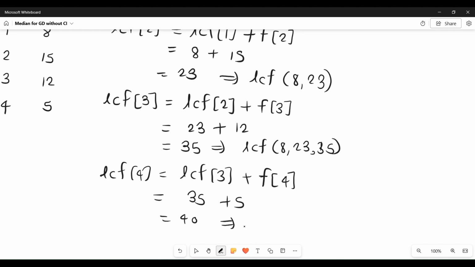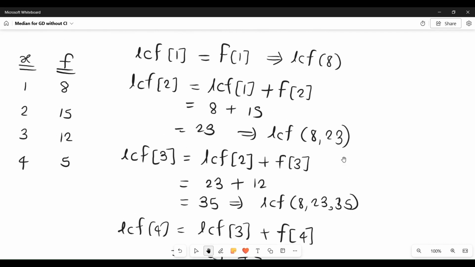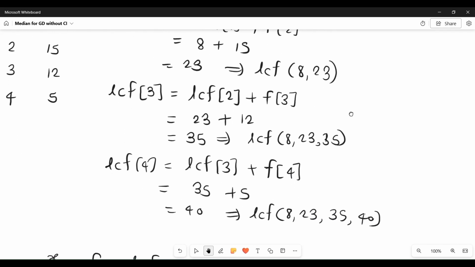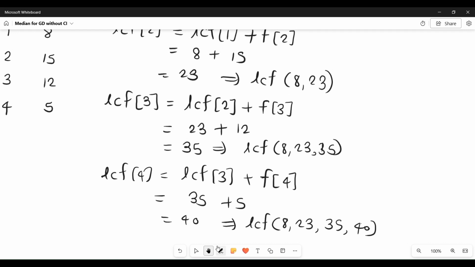At this point of time, we are done with our for loop, and LCF is fully updated and it is storing four values, 8, 23, 35 and 40. The same thing, these steps we have written. Actually these are 3 steps, LCF of 2, 3 and 4. These things we will put inside the for loop.